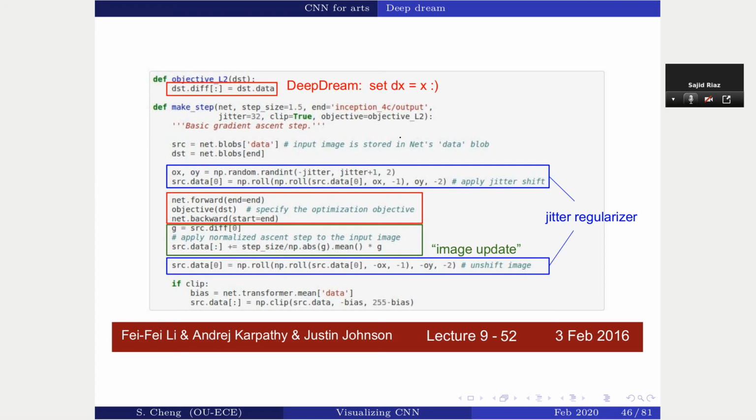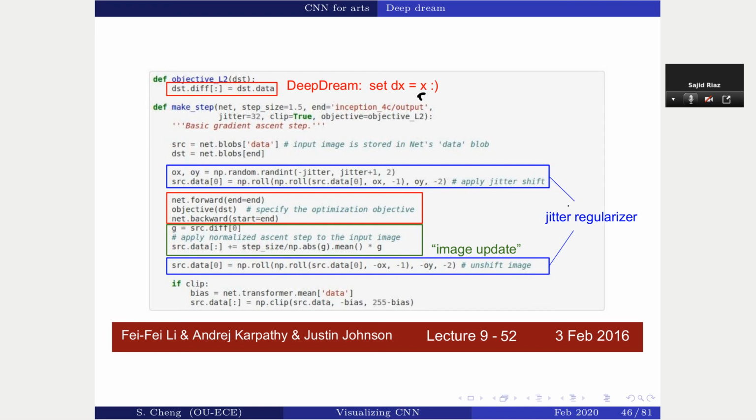Typically when you backprop the gradient, at this time you just set the gradient as the coefficient itself. In effect, you just amplify the effect. If your coefficient there is larger, you make it even larger in the next step. So you emphasize everything that is going to happen at that particular layer. That's exactly what it's doing.